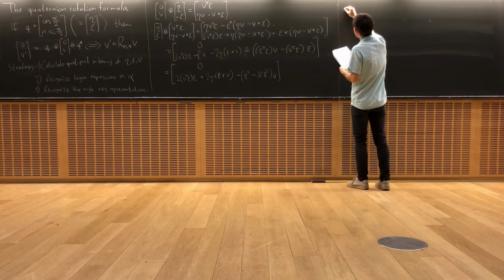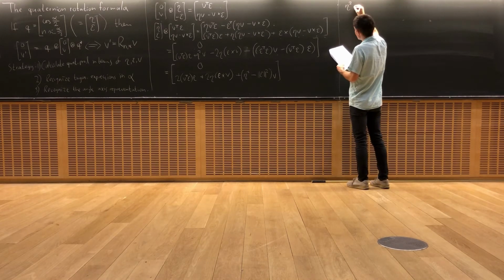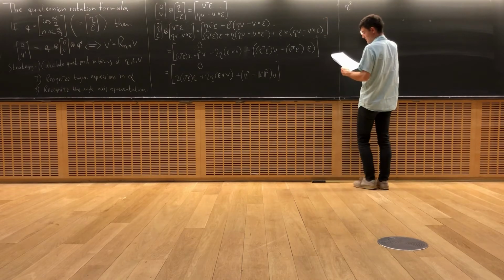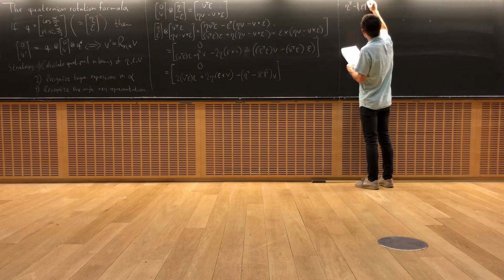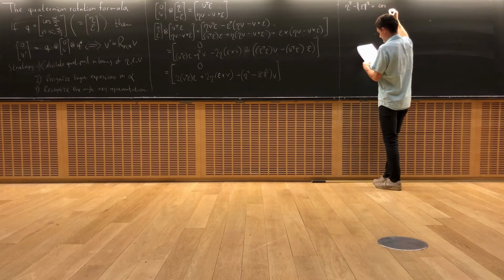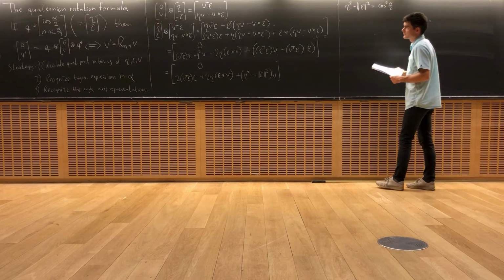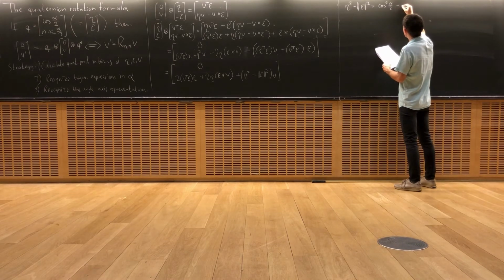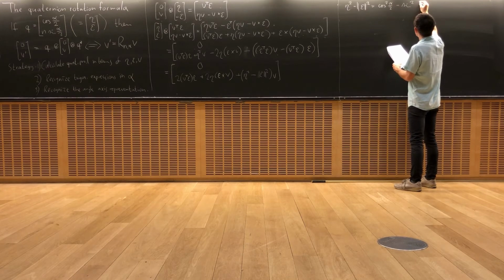So, if I have now this scalar here, what does this become? Eta squared minus norm squared of epsilon. And that is cosine alpha half squared minus sine squared alpha half.